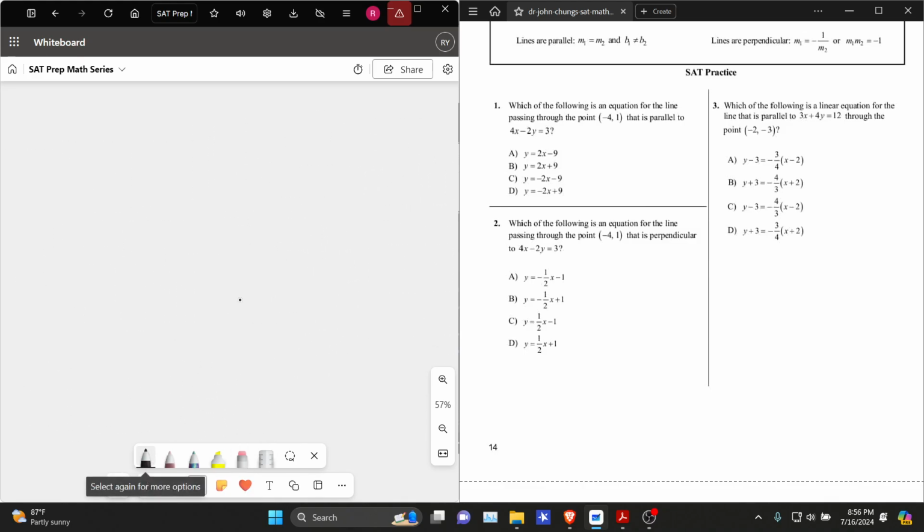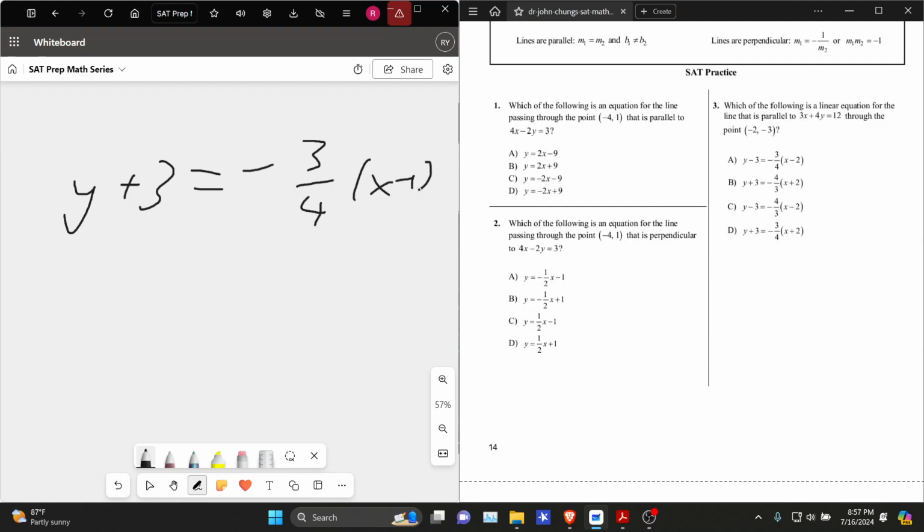Now just to double check, let's plug the same thing into the other equation, D. What we get should match up.